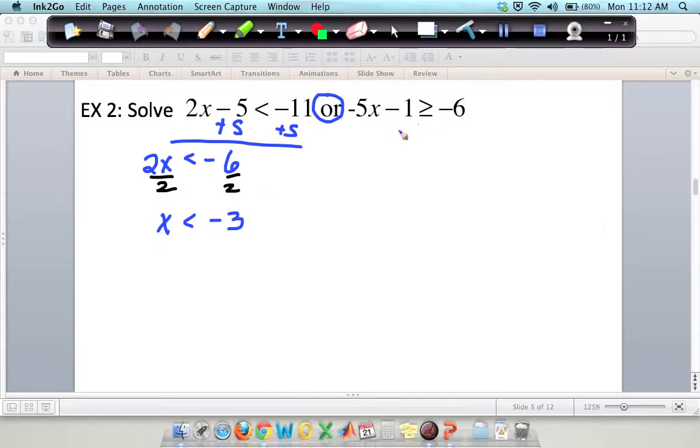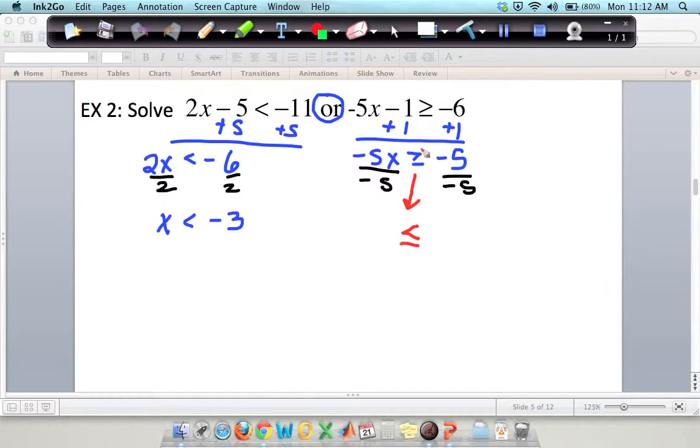On the right-hand side, we're going to add 1 to both sides. We get negative 5x is greater than or equal to negative 5. Divide both sides by negative 5. And this is a good reminder: when multiplying or dividing by a negative in an inequality, you actually have to switch the inequality sign.